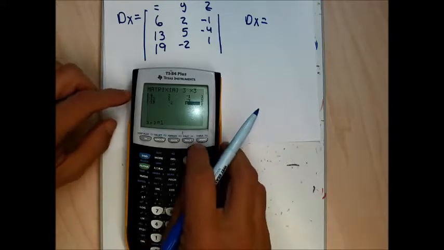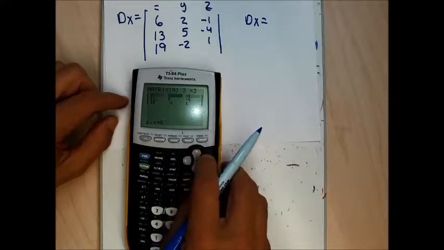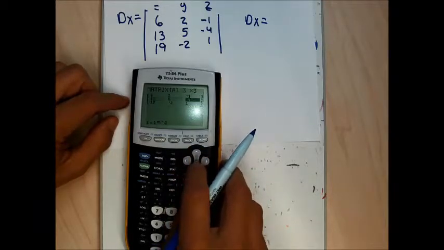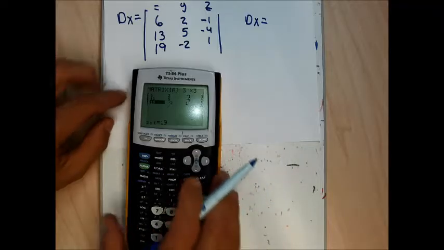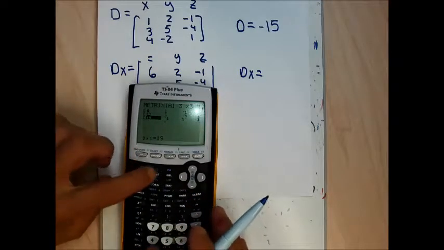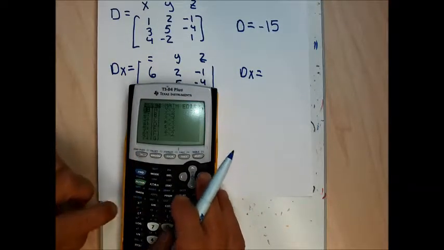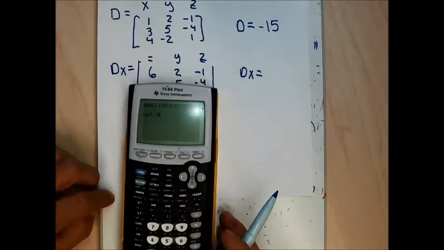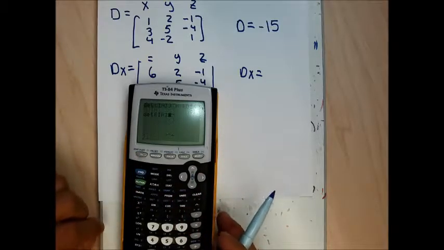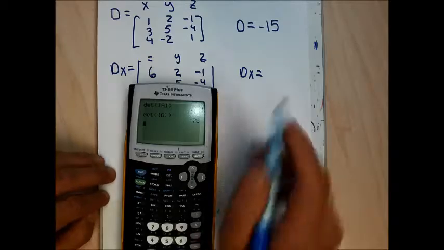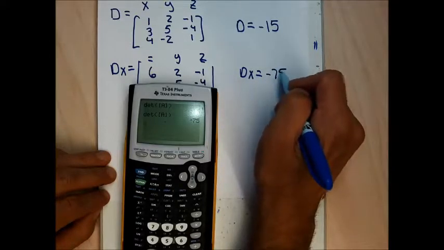Make sure I have it right. So 6, 2, negative 1, 13, 5, negative 4, 19, negative 2, and 1. It looks like it's in right. So second quit, second matrix math, determinant, second matrix names, parentheses, D sub x equals negative 75.